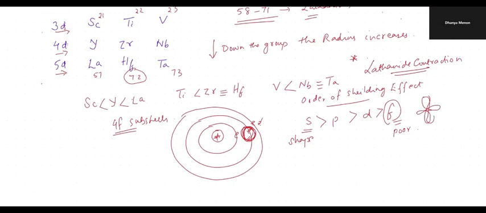Now, what happens if the shielding effect is poor? That means the F electron is not able to shield the outer electrons. So the outer electrons will be attracted towards the nucleus. So what happens to the size? Size is reduced.